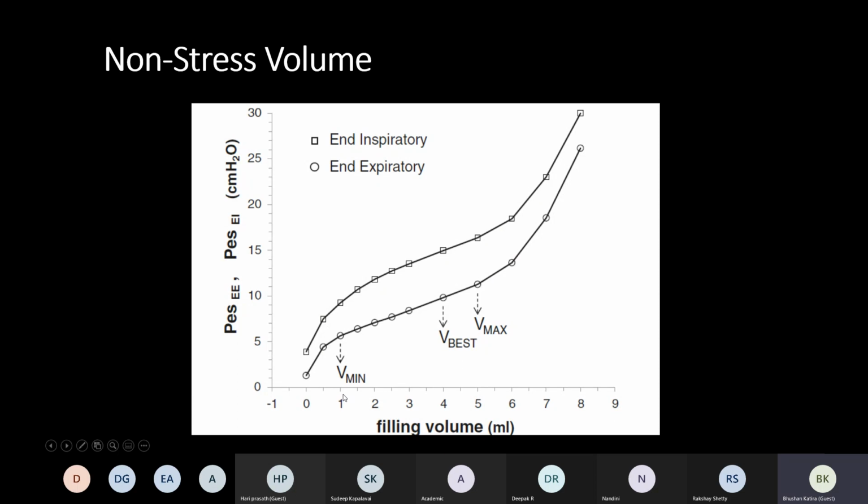Which is to say, the balloon volume during which the esophageal pressure was largely static, or flatter, is the non-stress volume, the volume which is not stressing the balloon too much. It will never be a flat line because esophageal elastance independently will contribute to what you're measuring within the esophagus, independent of the lung and chest wall elastance.